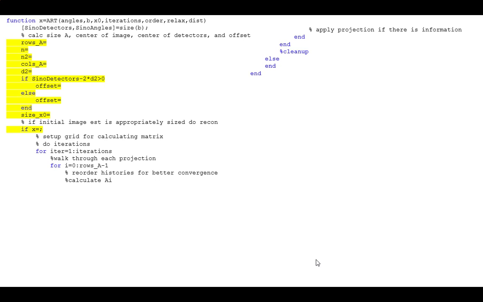So we can make sure that the x naught fixes or matches the b we were given. Yeah. So we're just going to pre-calculate it. It just saves it and makes it a little bit cleaner. And then we're going to want to check to see if the initial image is the same size. And I should have done that.